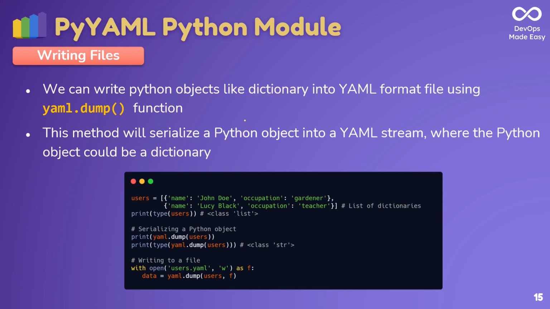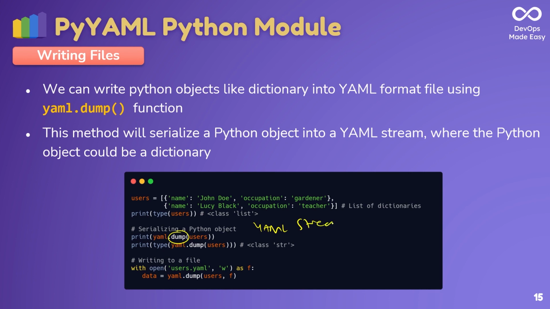Also, this method will serialize a Python object into a YAML string. So what I'm doing here is, again, I'll use dump as the function to convert an object into a YAML object. Here users is nothing but a simple Python dictionary. I'm taking this dictionary and using the dump function to convert that Python dictionary object into a YAML stream.